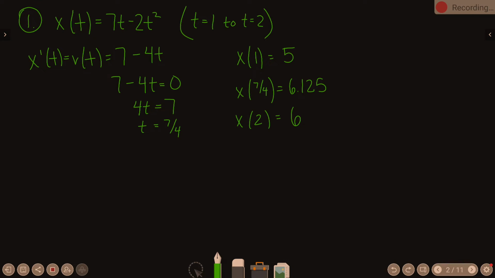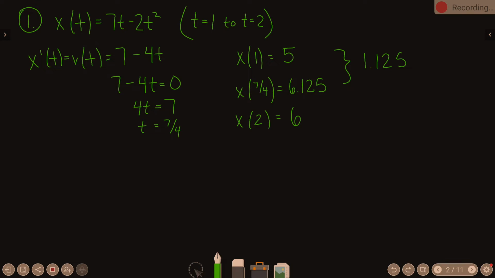So what do we know? From time 1 to time 1 3/4, what did this particle do? It traveled 1.125 units, correct?